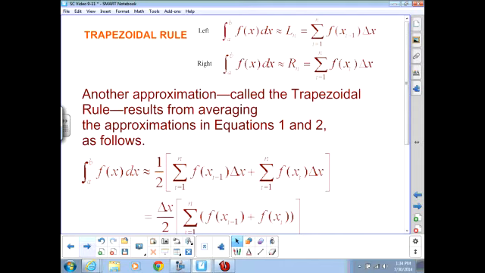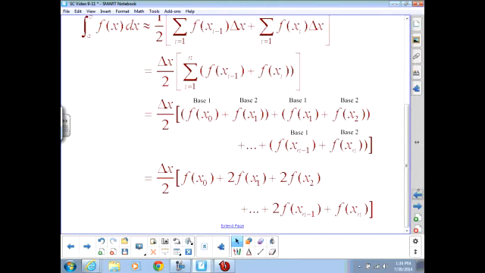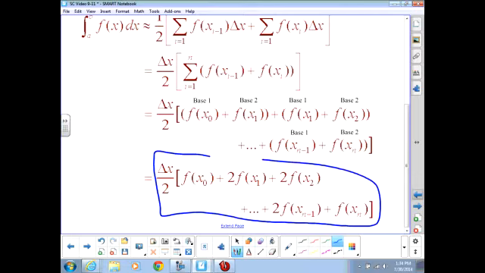The new one we're going to see today is called the trapezoidal rule. And we'll see why it's called the trapezoidal rule in a second. In reality, what you're doing is you're averaging your left-hand endpoint approximation and your right-hand endpoint approximation. When we do that, we will end up getting this, and I'll show you where we're getting this from in a second.